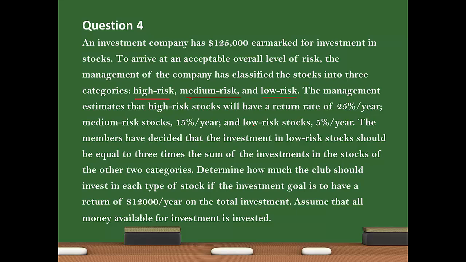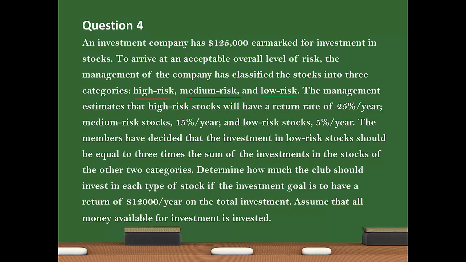So we have high risk stocks, medium risk stocks, and low risk stocks. The management estimates that high risk stocks will have a return rate of 25% per year, medium risk stocks 15% per year, and low risk stocks 5% per year.